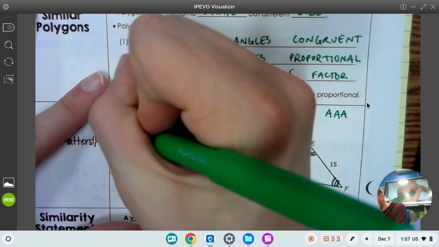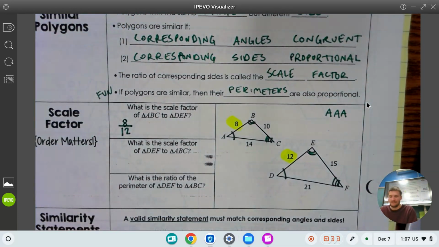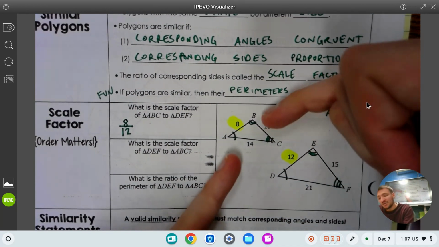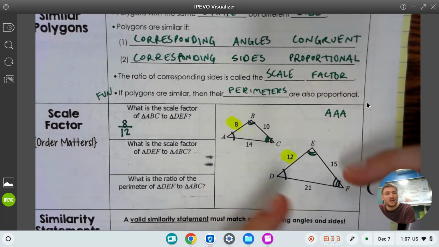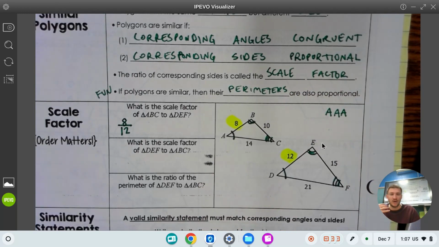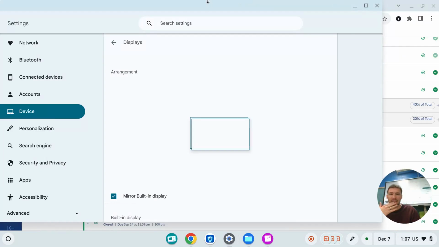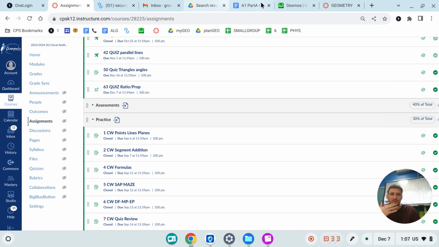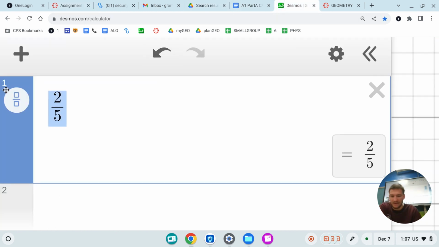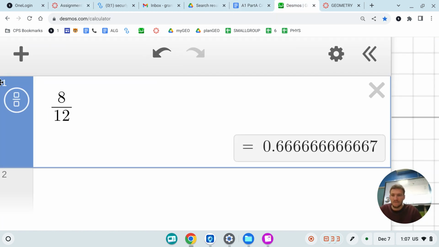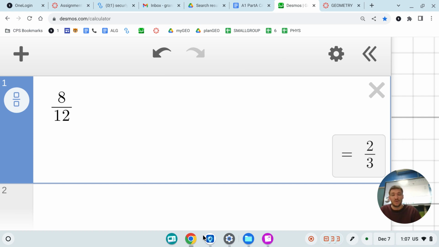That way I can see if this does simplify. On triangle ABC, it's worth 8. On triangle DEF, it's worth 12. So let's try Desmos. Here we go. Let's try simplifying this. 8 divided by 12. Hit the fraction button. 2/3.